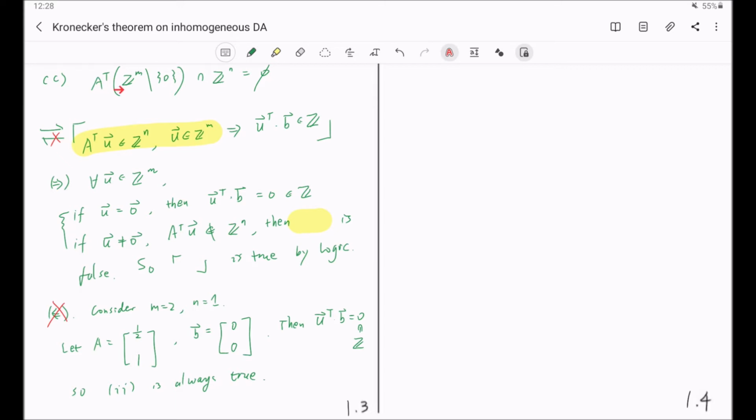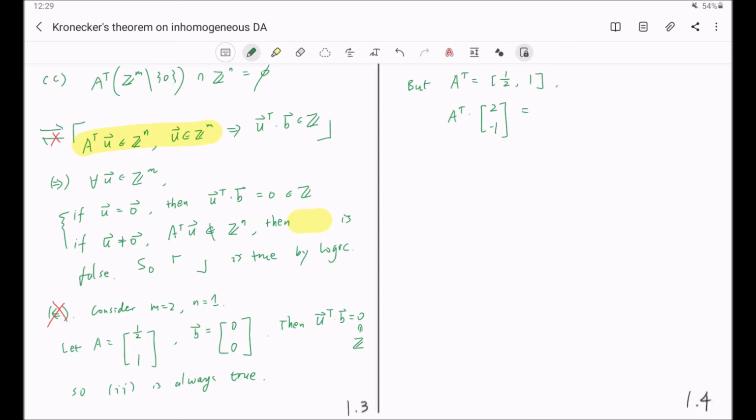But this guy will fail. This is because AT in this situation is the 1 by 2 matrix with 2 entries, 1/2 and 1. And if you consider AT times the column vector 2, negative 1, what do you get?